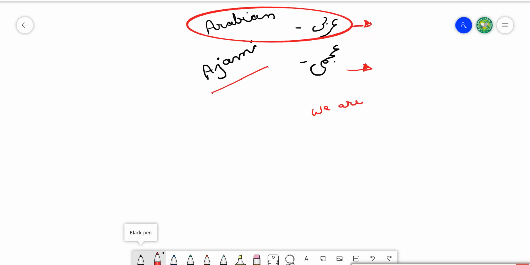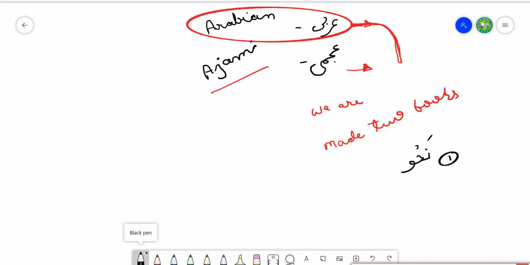Okay? So the scholars of Arabic, or maybe the Arabian scholars, made two books. One is called Nahu, and the other is called Sarf.